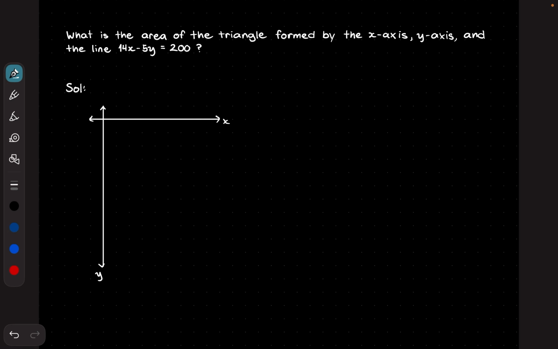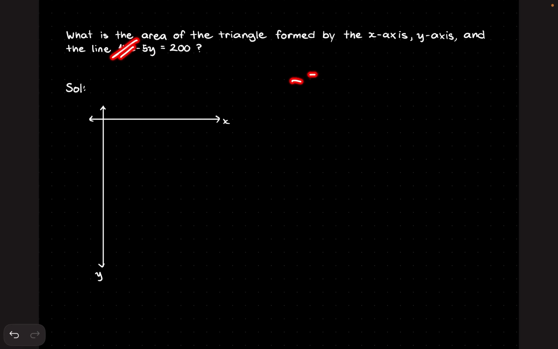Next thing to do is to determine what this line is here. For lines, take note that the key to be able to plot them is just plot 2 points on that line. So the easiest way is to set one of these to be 0, one at a time. For instance, if we set x to be 0, this will vanish.